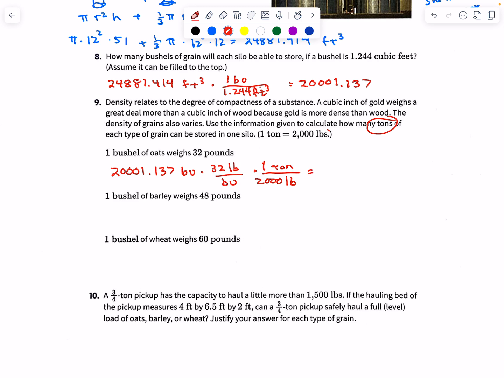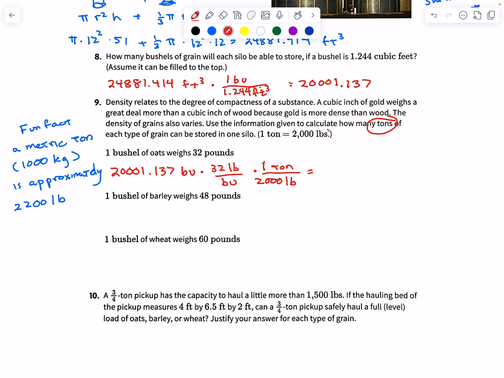Incidentally, a metric ton, which is 1,000 kilos, is about 2,200 pounds. It's a little more.